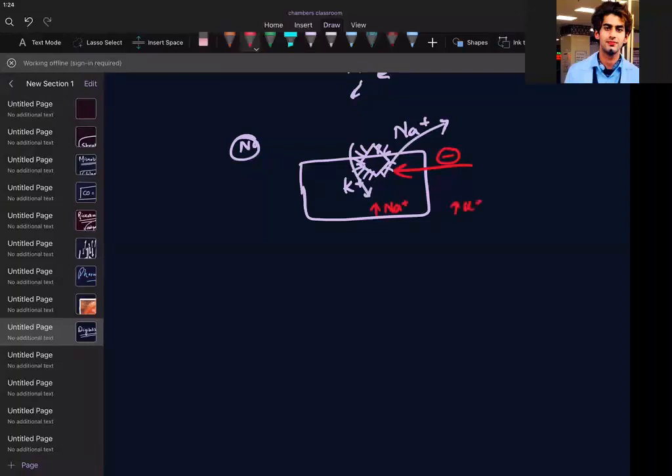Extracellular potassium levels will remain whatever they are. And if I am increasing the concentration of, listen to the word, more electropositive ion, that means I am bringing the resting membrane potential more towards the threshold potential.